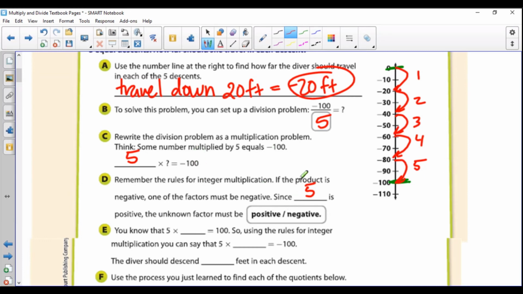So if the first one is positive, my second number has to be negative. That's how I know 20 is going to be negative in my answer, because if 5 is positive, 20 has to be negative.